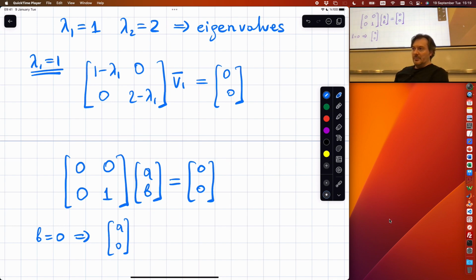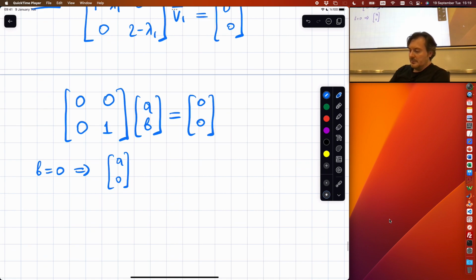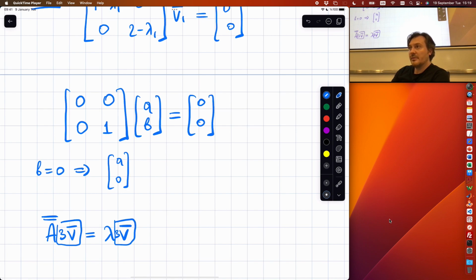But this is fine, and here's why it is fine. Let's remember the eigenvalue equation. This was the eigenvalue equation, right? Can I multiply both sides with any number? Yes. So I can have 3 here and 3 here. Then 3v is also an eigenvector. Do you see it?